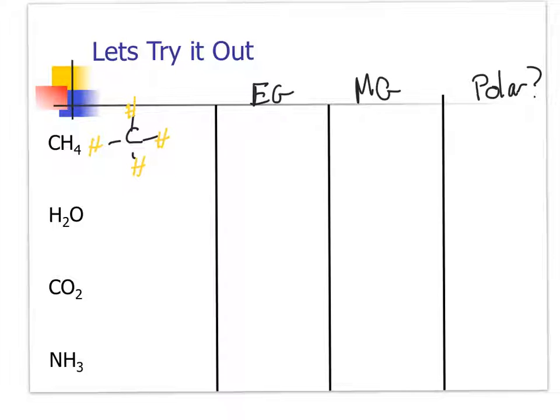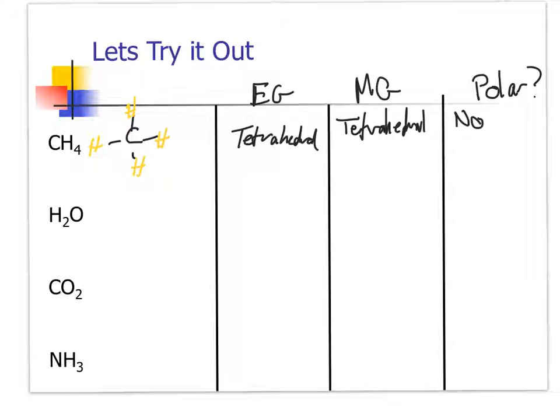Hey, look, I have a tetrahedral, 4 regions, electron geometry. My molecular geometry is also tetrahedral. Now, whether or not it's polar, I would say no, it is not polar.